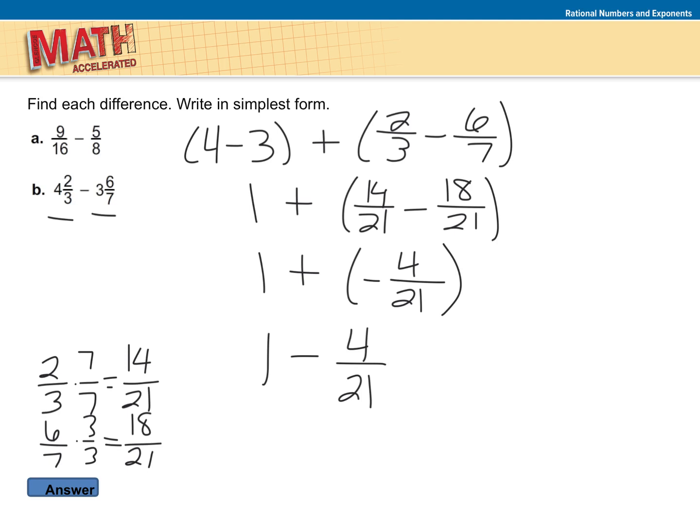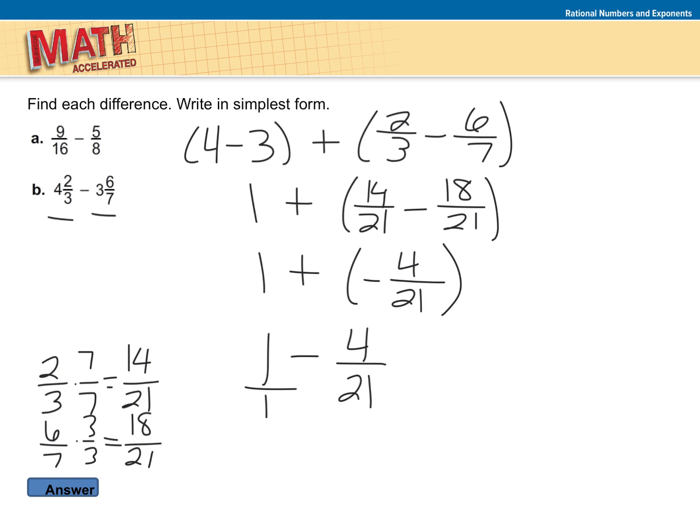Kind of tricky. So what do we need to do here? Keep change flip. Can we subtract these right now? Why not? We have to turn it into fractions. See, we have another subtraction problem with fractions. So this one's 1 over 1. Can I subtract them yet? No. Why not? Because the denominator's not the same.